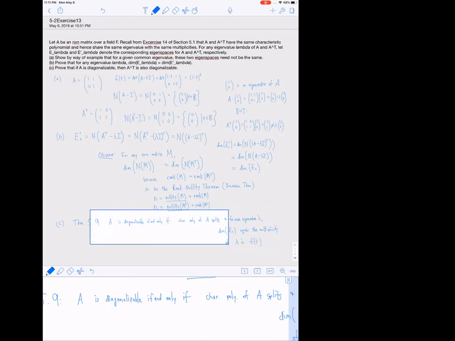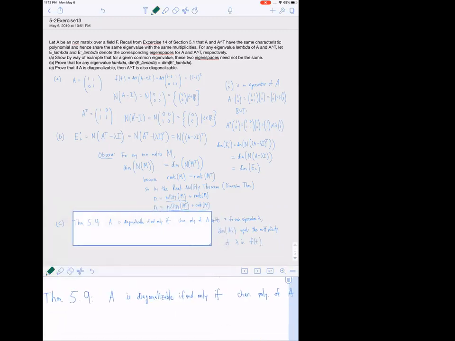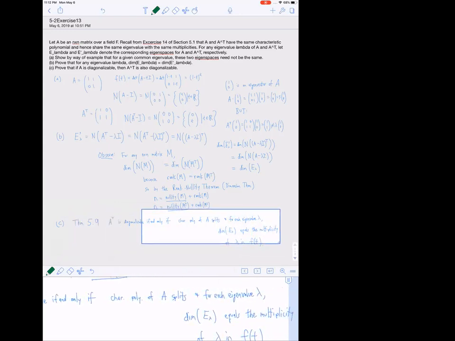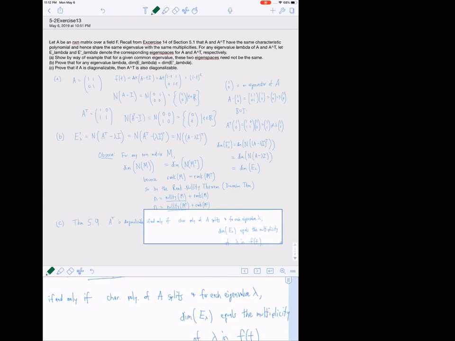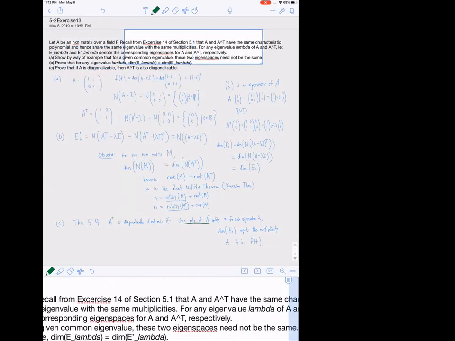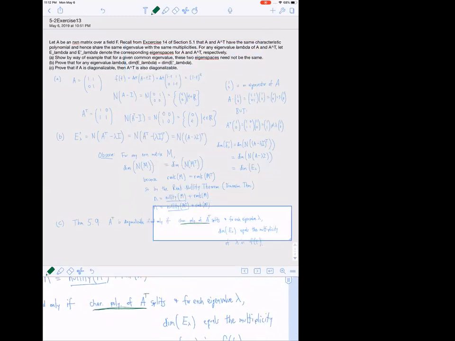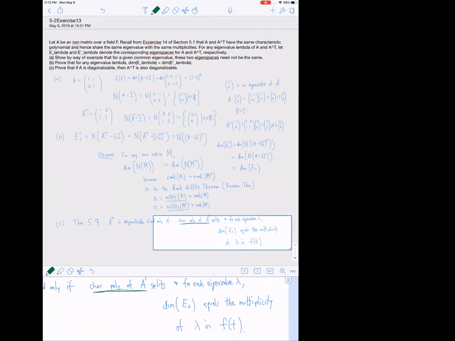So I won't write this down very formally, but let's just see how this would change when we're talking about the transpose. Well, A transpose is diagonalizable if and only if the characteristic polynomial of A transpose splits and so on. Well, the characteristic polynomial of A and the characteristic polynomial of A transpose are exactly the same, as we're told is true from exercise 14 of the previous section. So this characteristic polynomial splits if and only if the one for A did. They will have the same eigenvalues, and those eigenvalues will have the same multiplicities in the same characteristic polynomial.